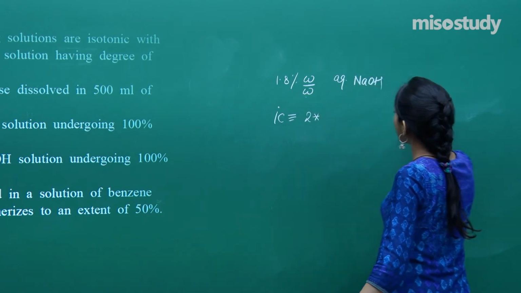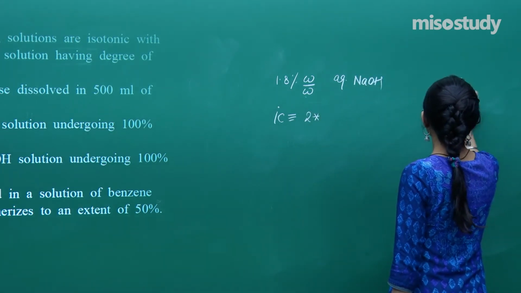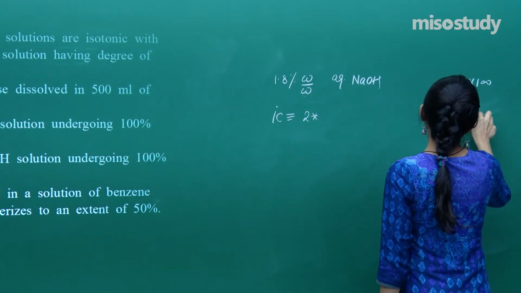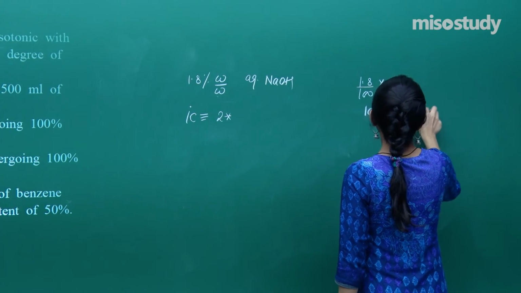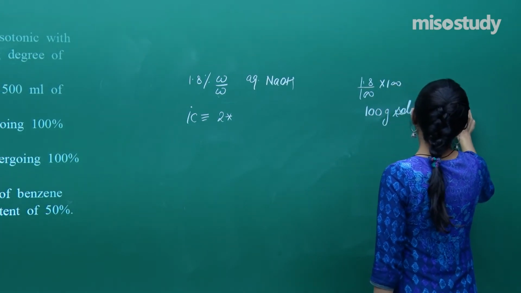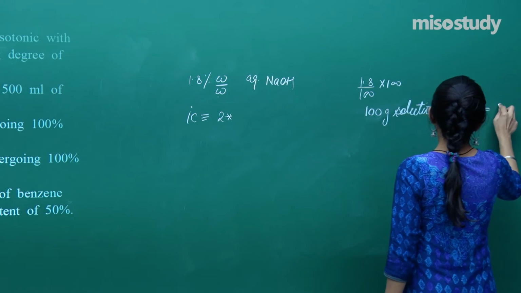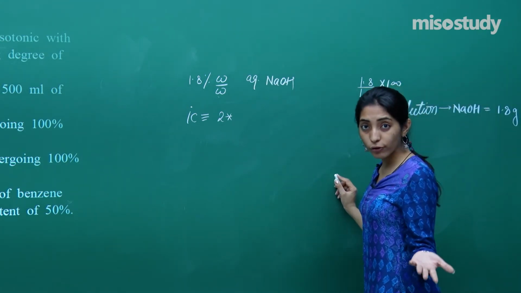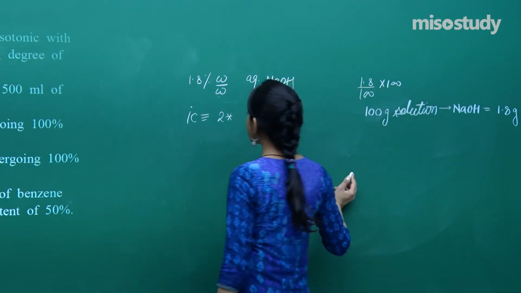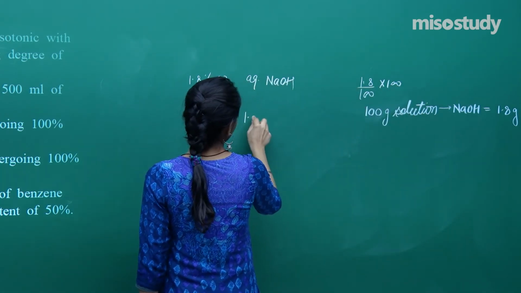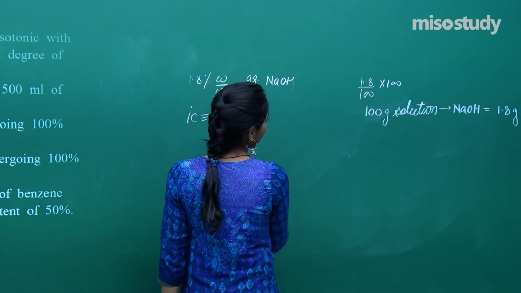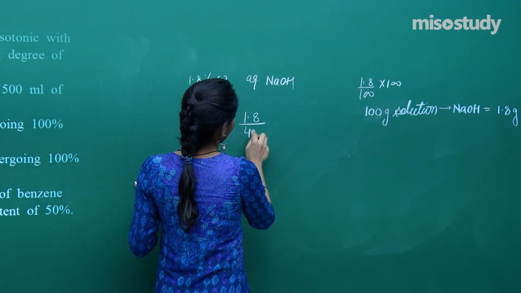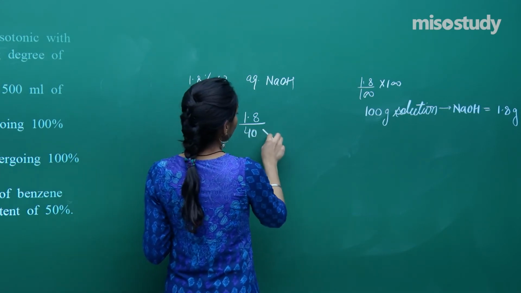Now what does this 1.8% weight by weight mean? It means 100 grams of solution will have 1.8 grams of NaOH. Now if I want you to tell me the concentration, you can say given mass, which is 1.8, divided by the molar mass of NaOH, which is 40 grams per mole, by the volume of solution in liter.